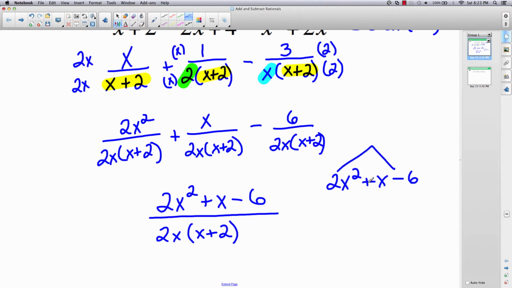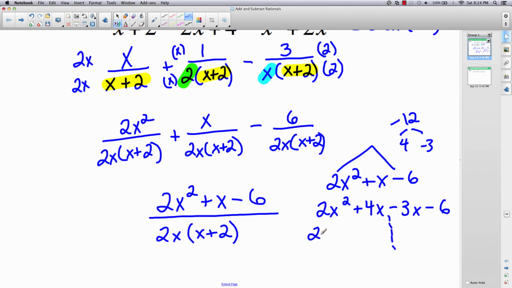We can go ahead and do factor by grouping. So 2 times negative 6 is negative 12, so we'll expand this to 4 terms. We need factors that multiply to negative 12 and add to positive 1. That's going to be 4 and negative 3. So expand it to 4 terms: 2x squared plus 4x minus 3x minus 6.